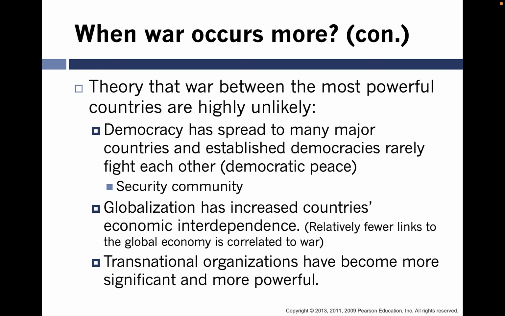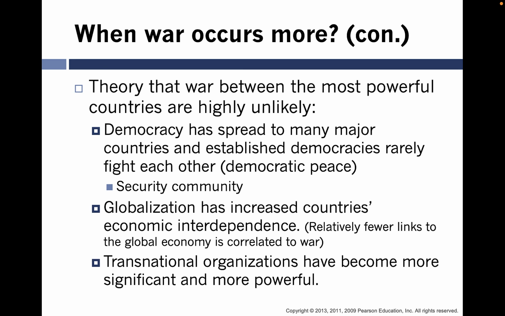There's a theory that war between the most powerful countries is highly unlikely, like I talked about, mutually assured destruction. Diplomacy seems to work here with the United States and other countries. But democracy has spread to a lot of major countries in the world, and established democracies rarely get into violent conflicts with each other.